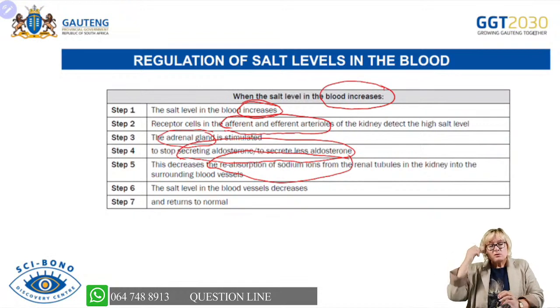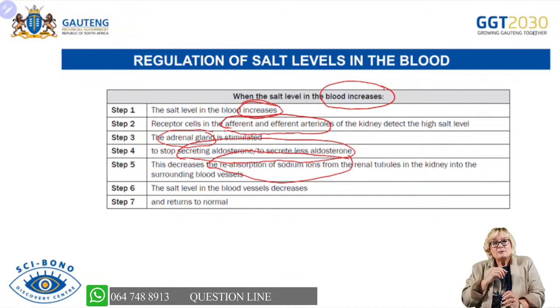And if the salt is too high, it means we don't want it back. It must leave the body. So less aldosterone will be secreted, or no aldosterone will be secreted, which means that the salt will not be reabsorbed by the capillaries around the nephron, and it will be part of the urine that's leaving the body, and then the level goes back.